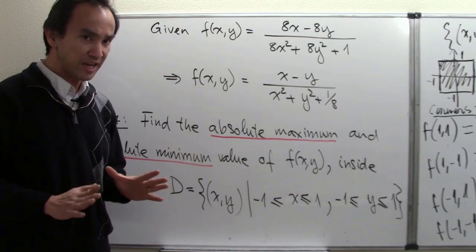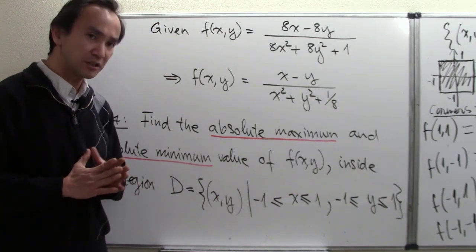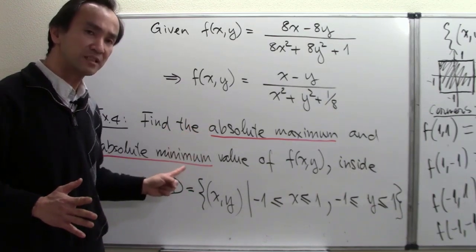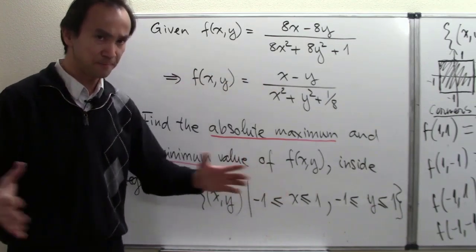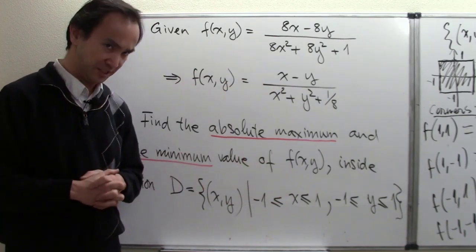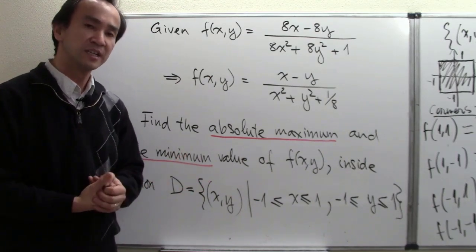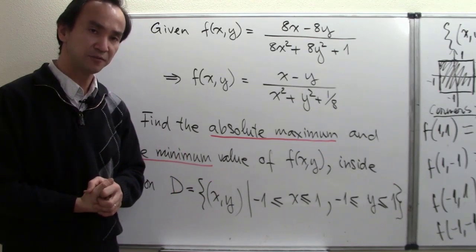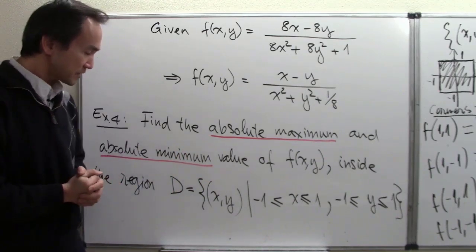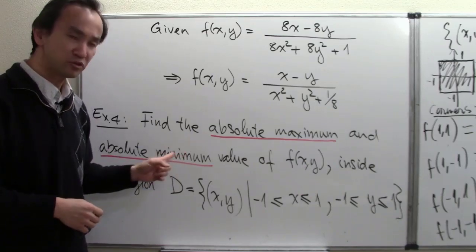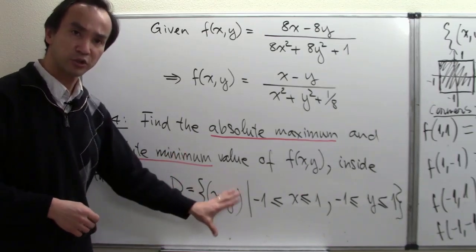Now, I'm not saying that there are no problems out there where you find the absolute minimum and absolute maximum on an entire open domain. Those problems exist, but they will have to wait until a higher course, to come up with a more universal method to find absolute minimum and maximum without a restricted domain like this.